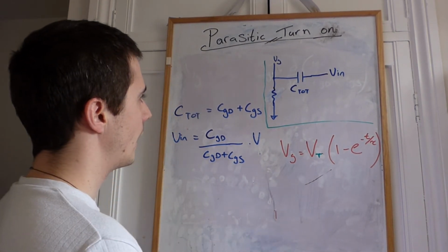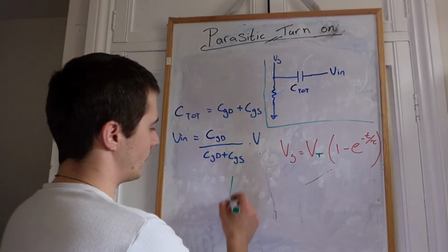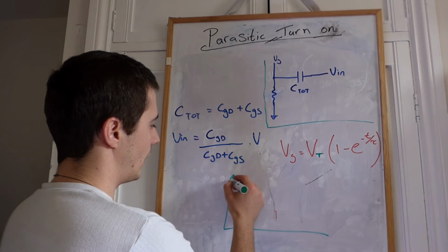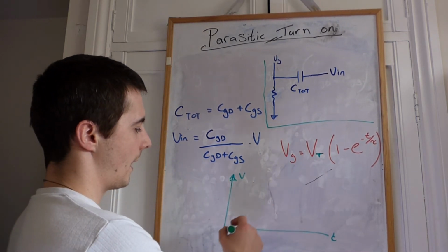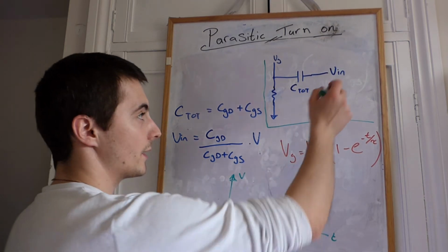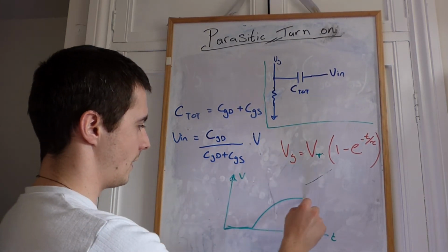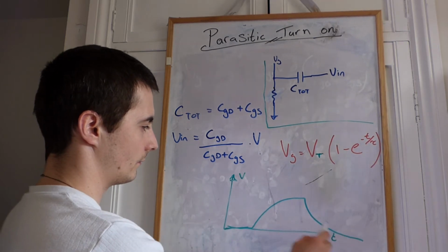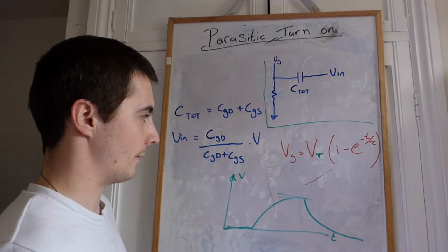So basically what we want to be able to do is draw a graph like this that's going to show how the voltage changes as a dV dt event occurs. So it's going to look something like this, okay? And what we're interested in really is this largest magnitude at that point there.